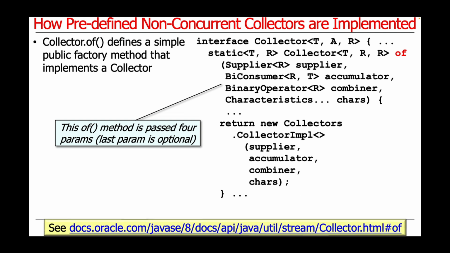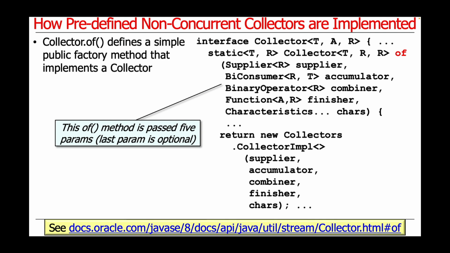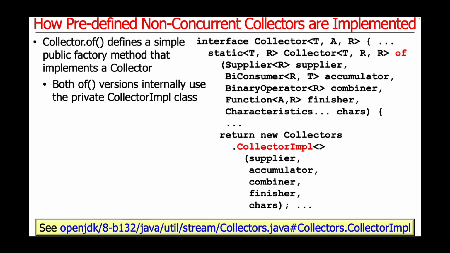Notice this one doesn't take the finisher. This one does take the finisher. And once again, the characteristics parameter is optional, so you don't have to provide it. So this is the way you typically use these things in practice. And we're going to see essentially how that is done here shortly. Note that both of these factory methods use the private CollectorImpl class we looked at before. So that is reused in a number of different ways by each of these methods that are public methods.